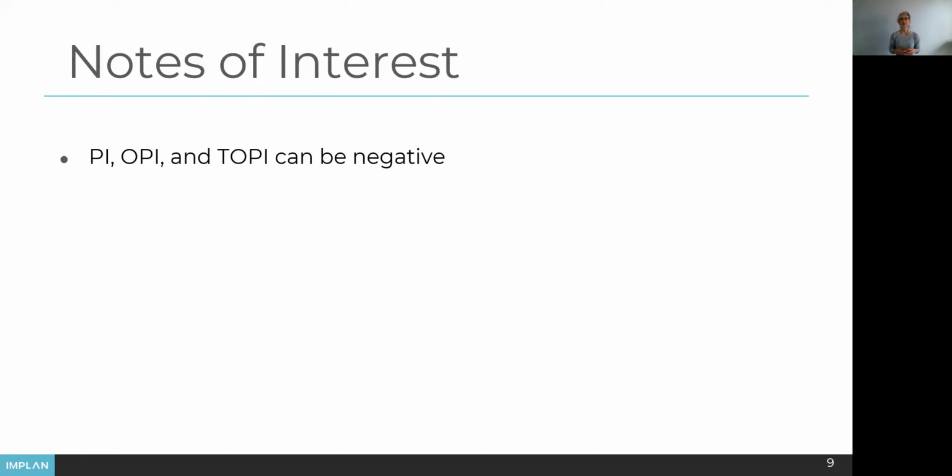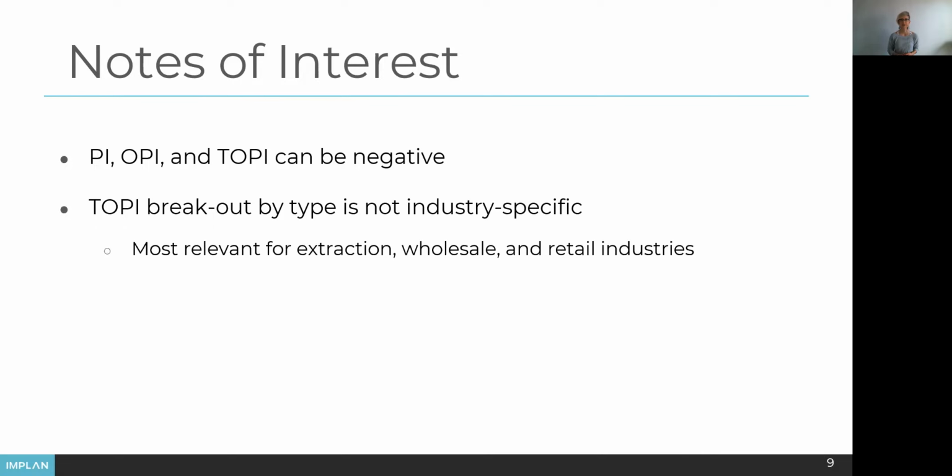When you subtract off subsidies that an industry receives in any given year, your net TOPI can be negative because of that. So there are certain sectors that receive a lot of subsidies and they're going to be more negative more often than not. And there are certain industries that have negative profits more often than not, but it certainly depends on the region and the year. But I wanted to mention that.